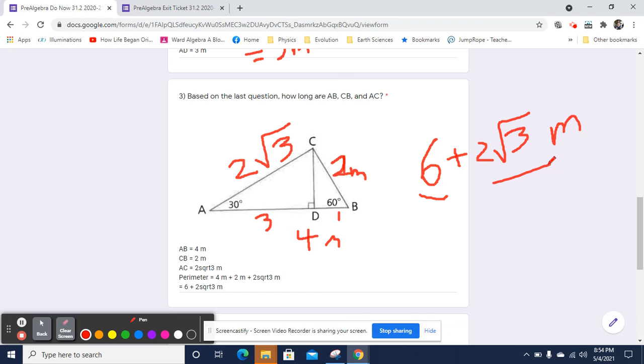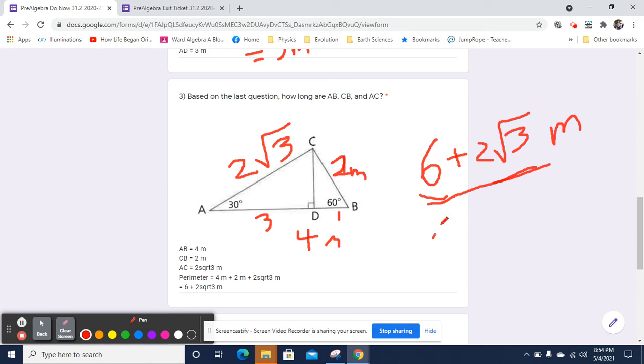And you will run into this sort of compound structure, or later on a complex number structure, when you get into so-called imaginary numbers. But this is a perfectly fine way. This is the exact way to write it. If you wanted to get an estimate, you could figure out what 2 times the square root of 3 is going to be, roughly 3.4.